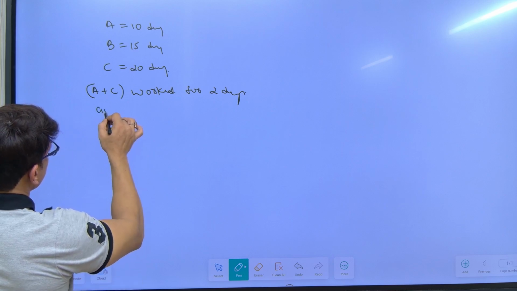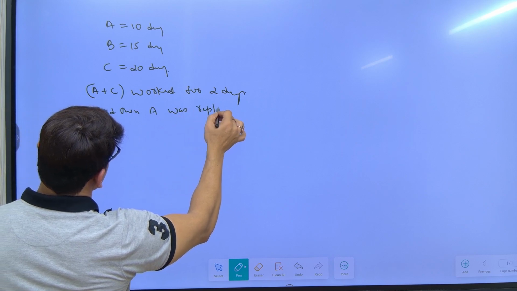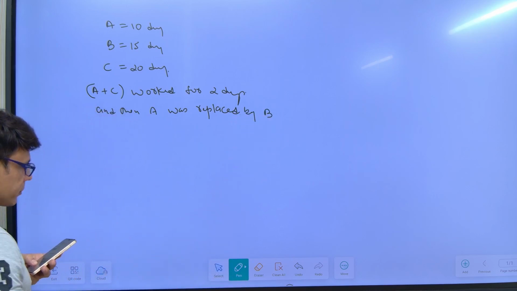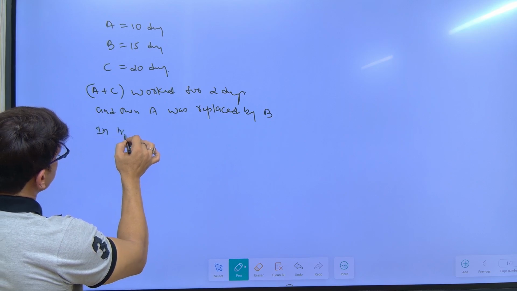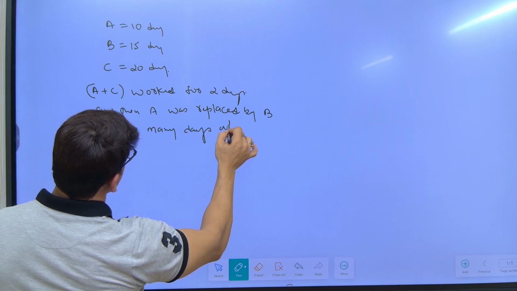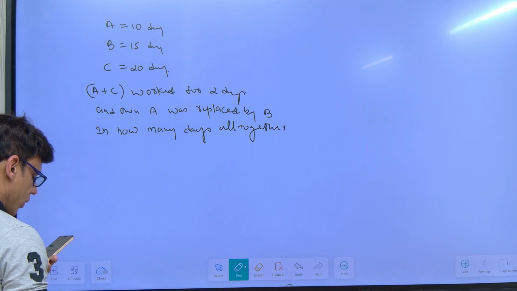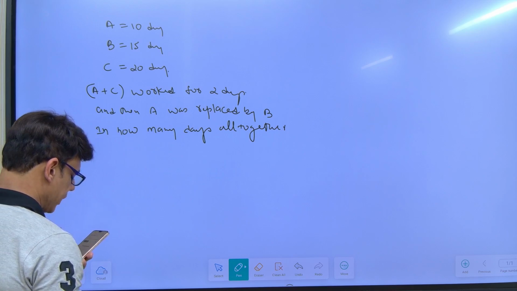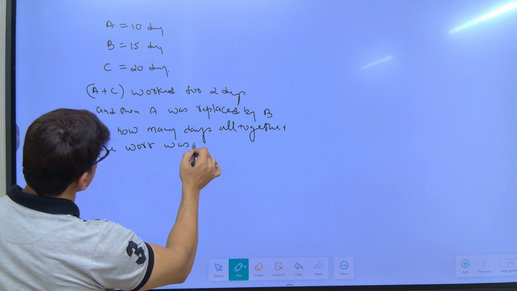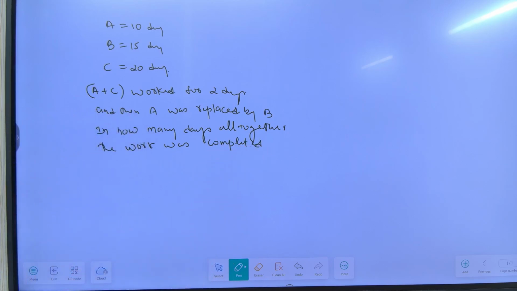And then A was replaced by B. Then in how many days altogether will the work be completed?